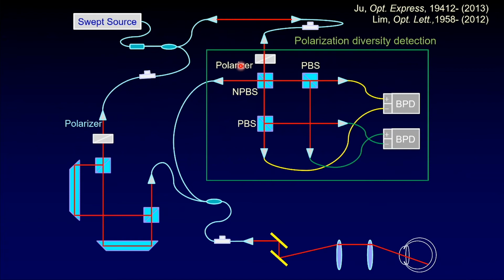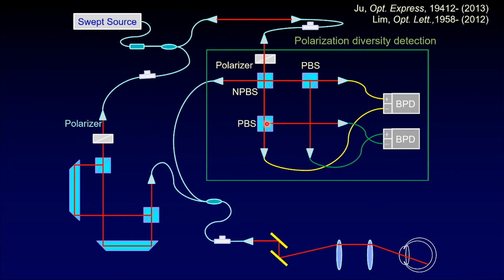Now cleaned up in its polarization state, these two beams are combined by this non-polarization beam splitter here. So this means this is an interferometer. Now we have the interference between this reference arm and this probe beam. Okay, and we have two interference signals here and here.